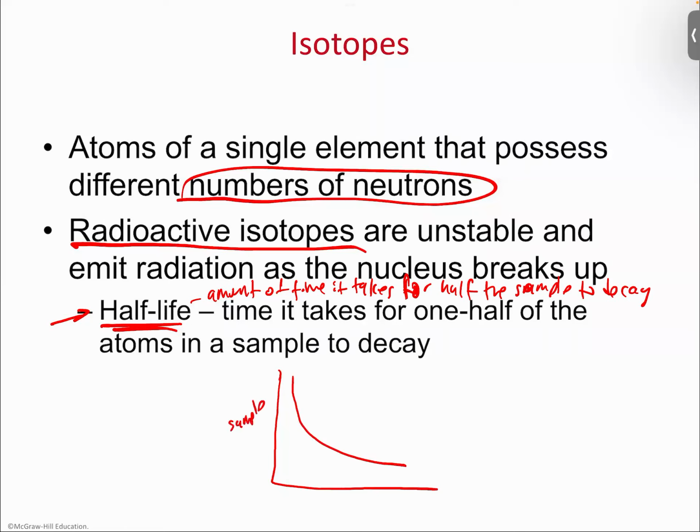So if this is my sample amount, this is my time, then right about here, when I'm at about 50% of my sample, that is what's called my T1/2, my half-life. Half of my sample has decayed.